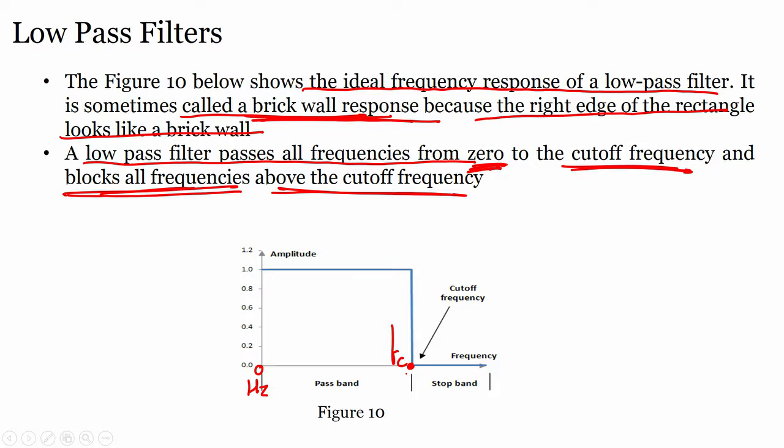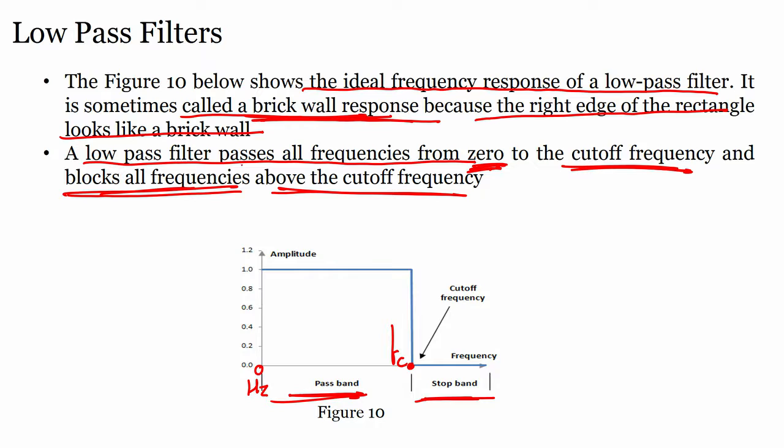The frequencies that are not allowed above the cutoff frequency, this is called the stop band, and this is called the pass band. Frequencies are allowed to pass in one, and in the other they are not allowed to pass, they are stopped.